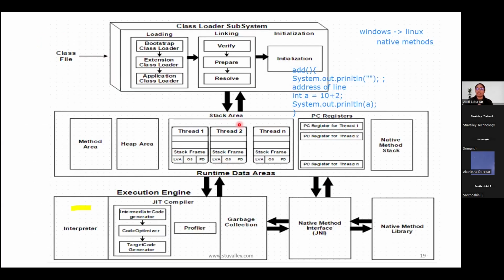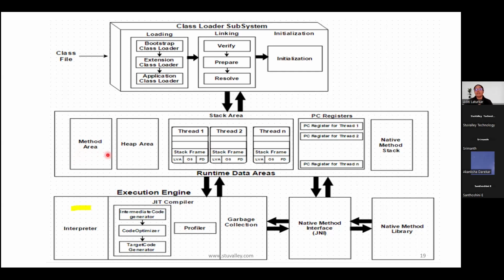Clear? Runtime data areas is most important because every memory allocation part is stored here, how the memory gets allocated, where it gets stored, everything is inside this runtime data area. This is the second most important part of your JVM architecture. Clear? Any doubt here?